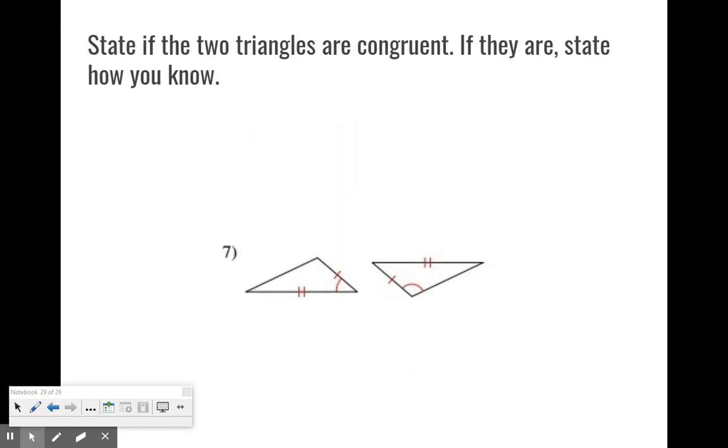Looking at number 7, if you're not writing these down, I highly recommend you start writing them down, going back to the other ones. Here I have a side, an angle, and a side. So I have side, angle, side. Over here I have a side, and an angle, side, side, angle. Notice that they did not match up.